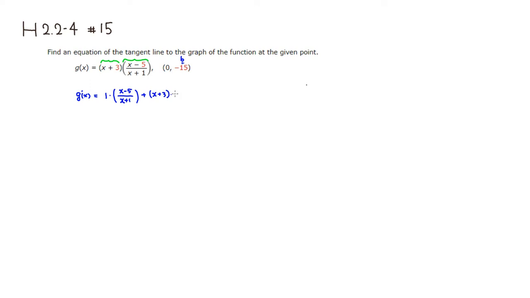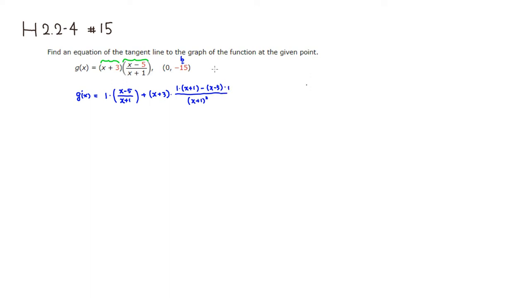Then we take the derivative of the second guy using the quotient rule. Square the bottom, so (x + 1) squared. The derivative of the top is 1 times the bottom, x + 1, minus the top, x - 5, times the derivative of the denominator, which is 1 as well.